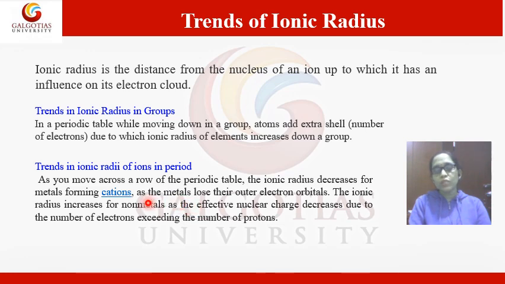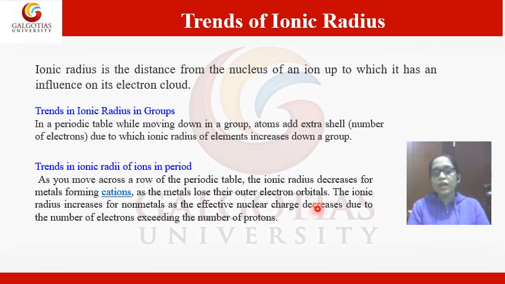So as we are moving across a period for the metals, that means for s block elements, the ionic radius decreases. But for non-metals, that is for p block elements, what happens? The effective nuclear charge decreases, because the p block elements form anions.